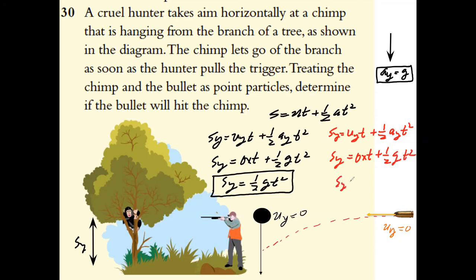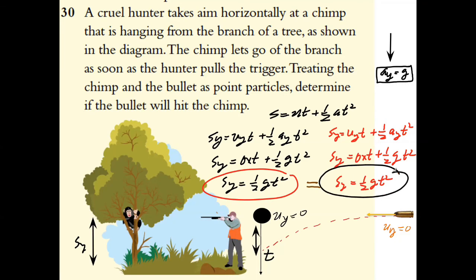Simplifying, Sy equals 1/2 g t squared. In time t, the monkey will fall a vertical distance equal to this, but so will the bullet. And hence, the bullet will hit the monkey.